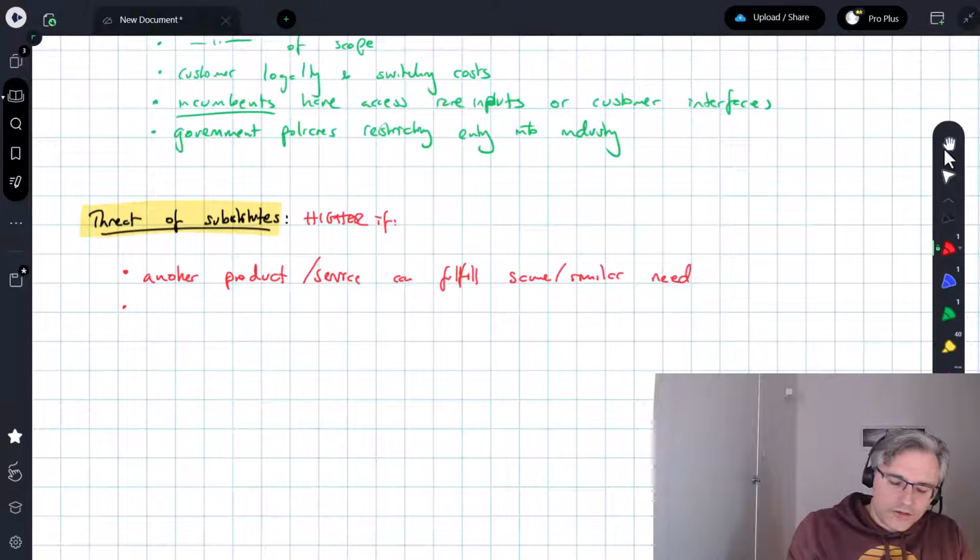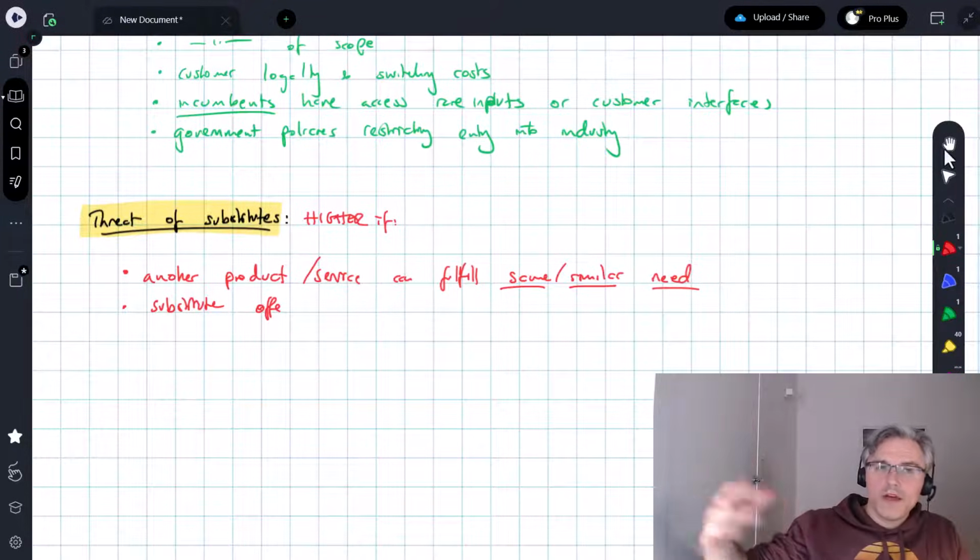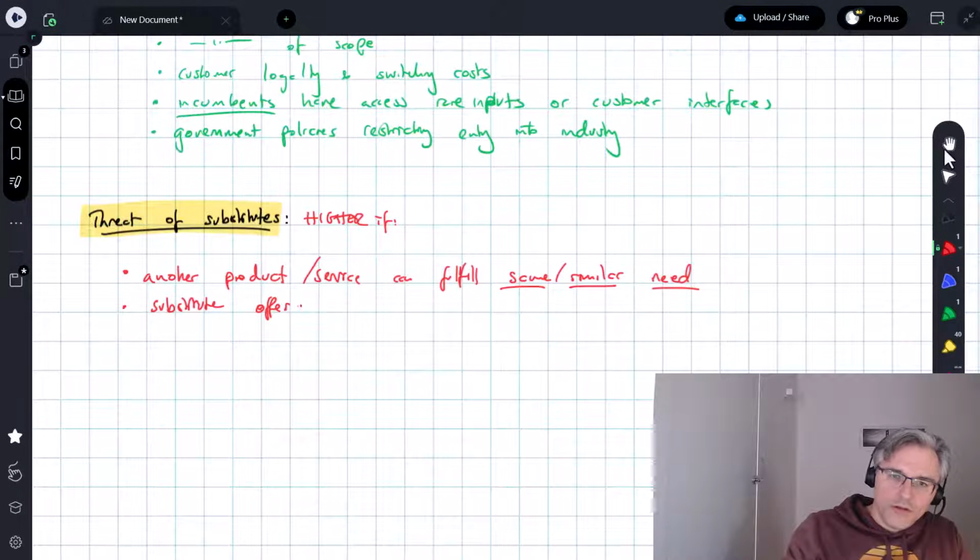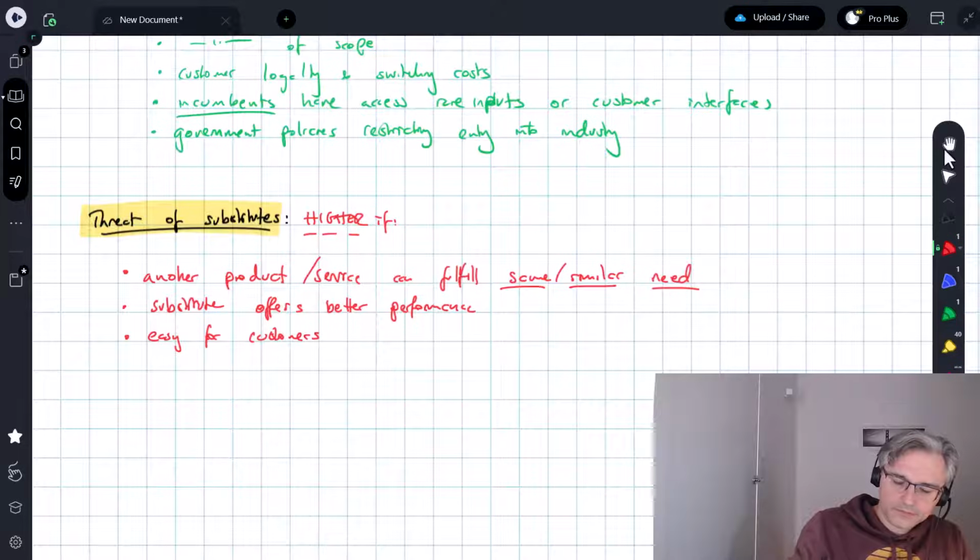If that product is not just a good substitute in terms of fulfilling a similar or the same need, but also offering in some way enhanced performance, if the substitute offers better features, better performance, then that will of course make it an even higher threat. And it's also going to be a realistic threat if it is easy for customers to make the switch to that substitute.